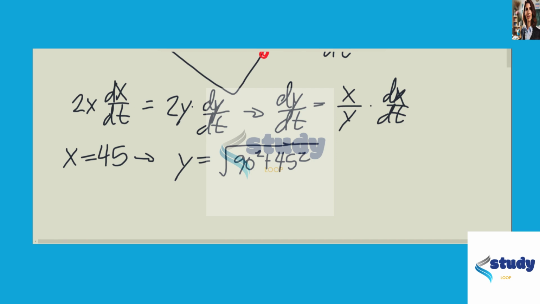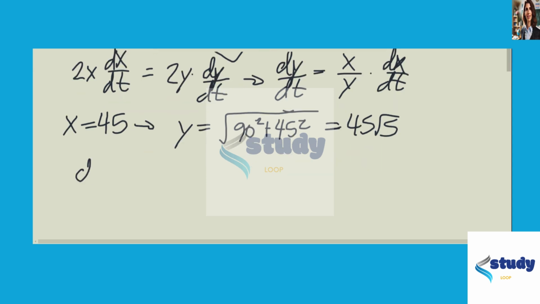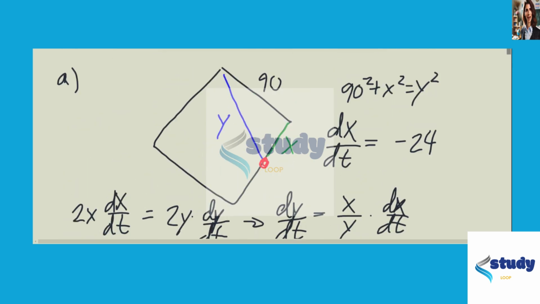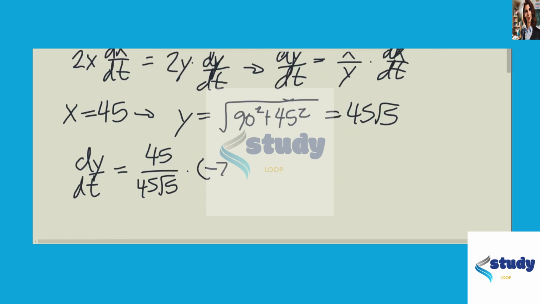And this is 45 root 5. And therefore it follows that dy/dt is equal to 45 over 45 root 5 times negative 24.